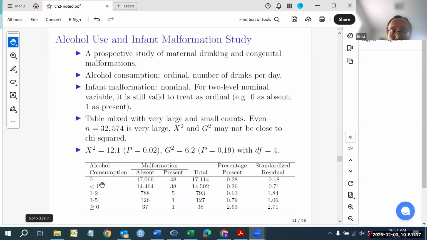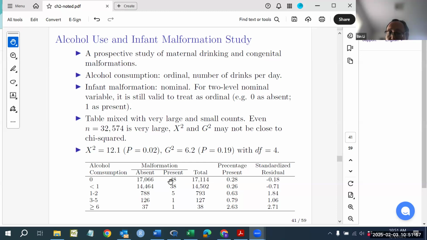Then less than 1, 1 to 2, 3 to 5, greater or equal to 6. These are the number of drinks per day. And Y tells the malformation for the firstborn baby, absent or present.